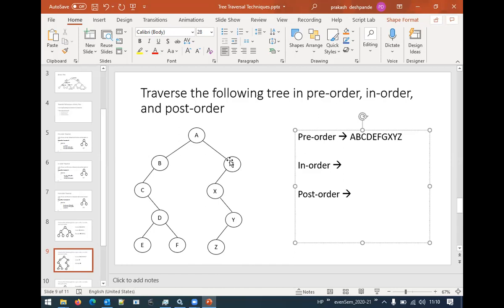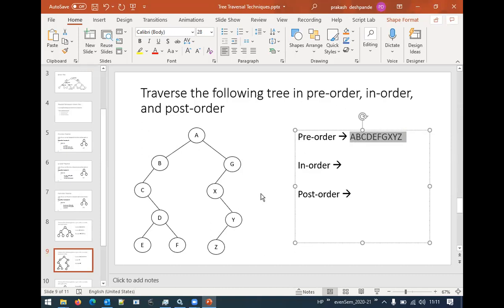Now I will go one level above, that is G. Right of G, is there anything? No. Right? So now if you look, we read first the root node, followed by left of A and then right of A. Every time we visited all the nodes in such a way that we did not have any duplicate, like we did not visit any node two times.